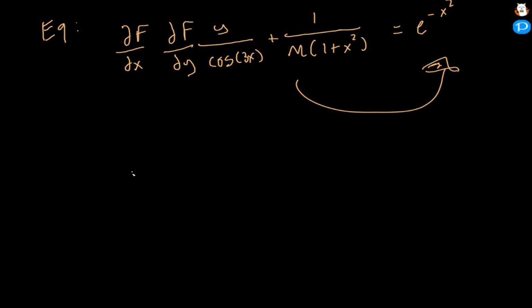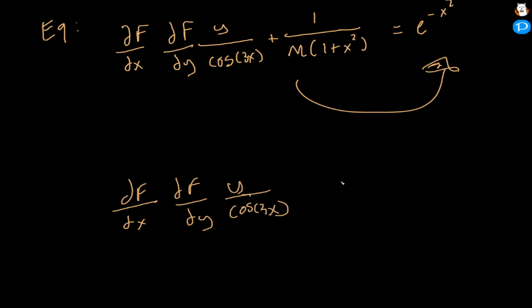Partial f with respect to x, and then partial f with respect to y, with this y cosine 3x here, and we have this minus x squared minus this m, 1 plus x squared over 1.